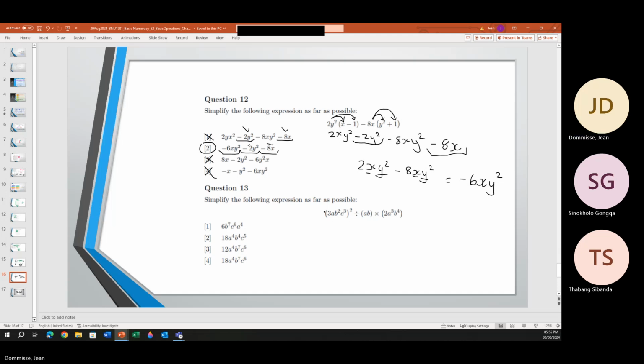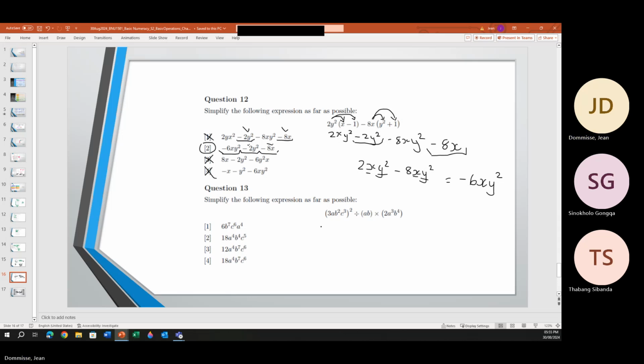So when we look at the exponents and we say to the power of, so let's first work out this. So what we have here is 3ab to the power of 2, c to the power of 3, all of that in brackets to the power of 2.